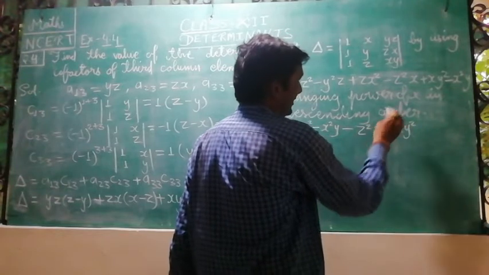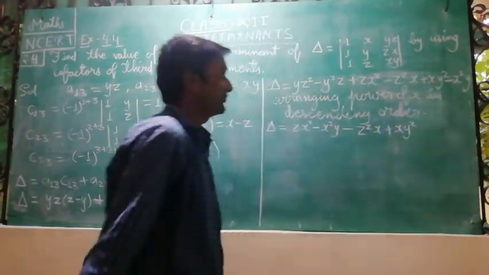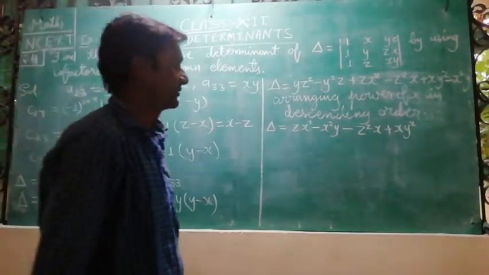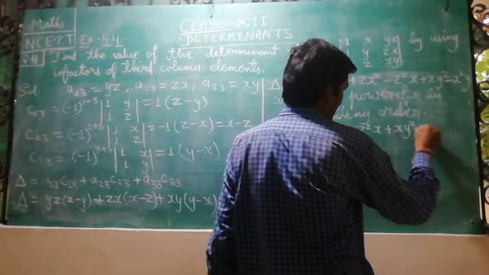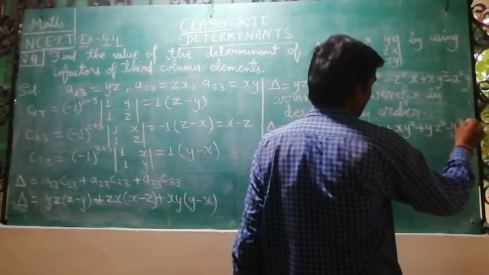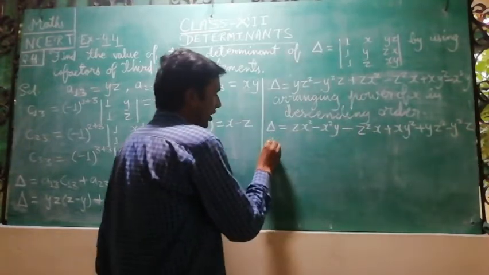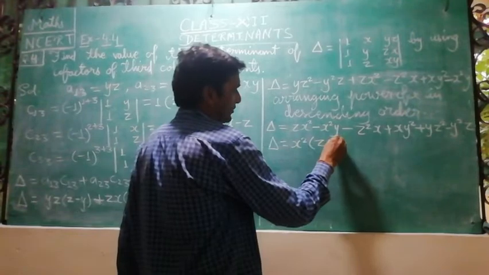See what we have done? Terms related to x. Now terms without x, that is plus yz square minus y square z. Now what can we take common from here? We can take x square common, so it will become z minus y.